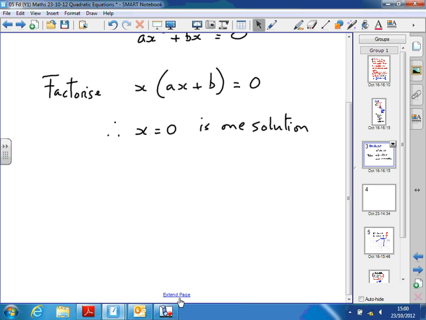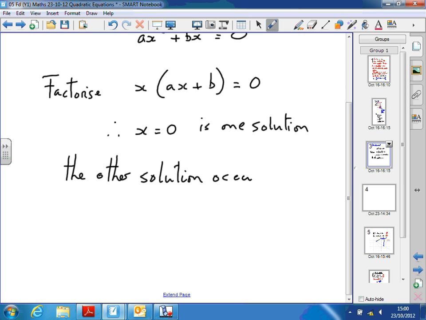The other solution occurs when, can you tell me what else we can make true for it to come to 0? No, not a and b. a and b are constants. We'll put in examples for those in a second. No?